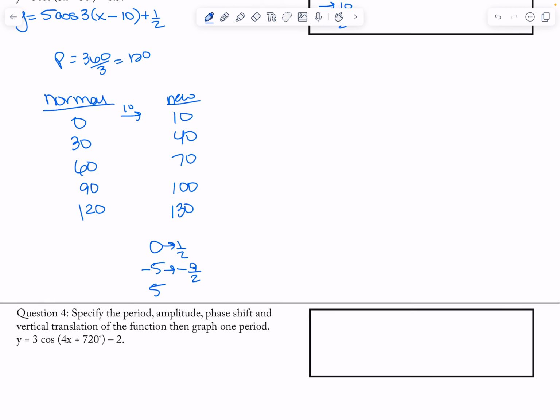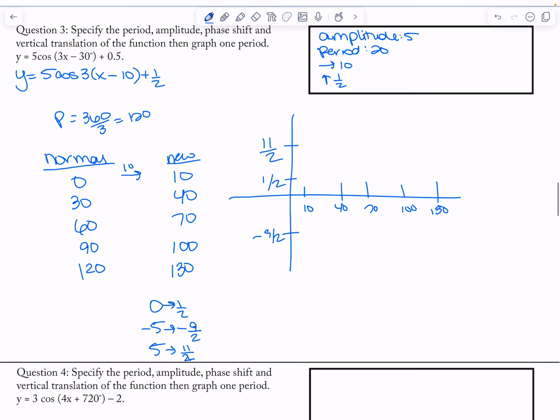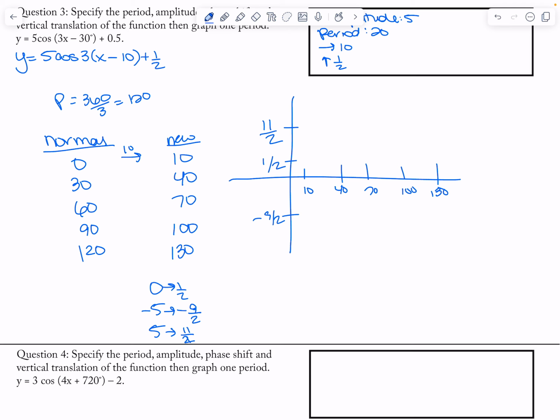And then my 5 becomes 5.5, which is 11/2. So now I have 10, 40, 70, 100, 130. I'm going up to 11/2, and then 1/2, and then -9/2. So my cosine will start at its highest point, down to its 0 point, down to its lowest point, up to its 0 point, and back up.